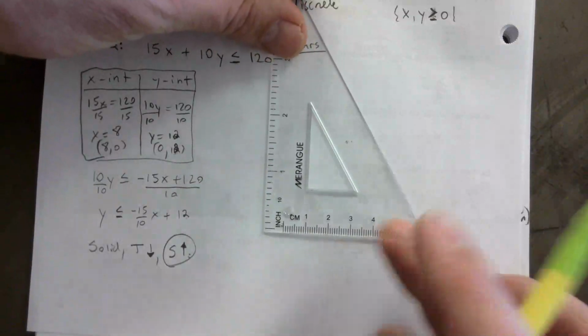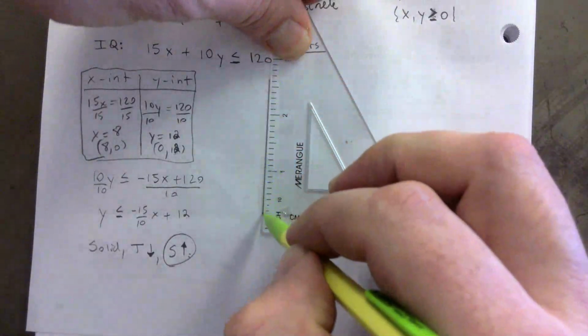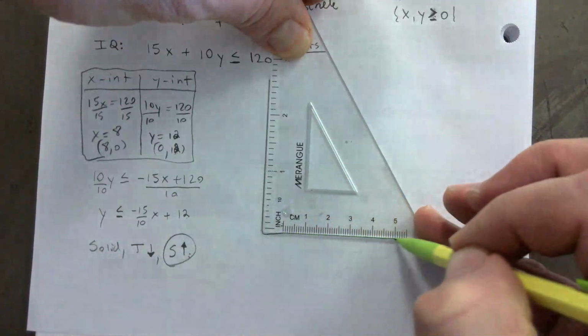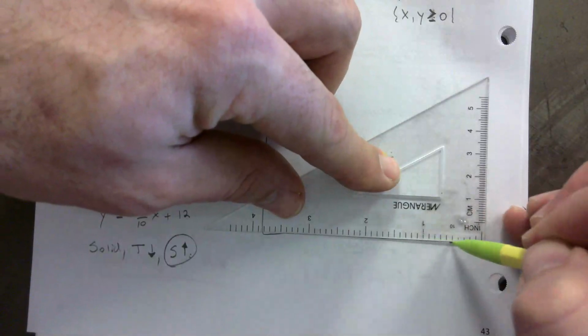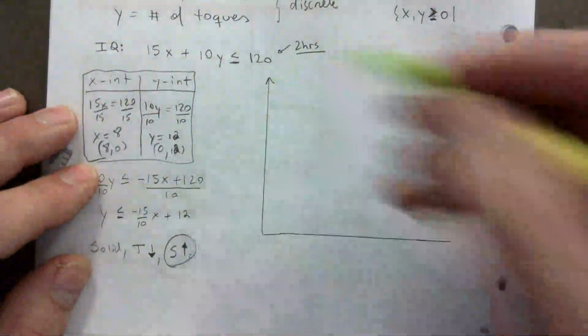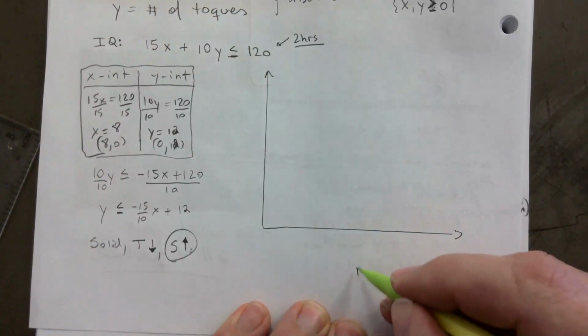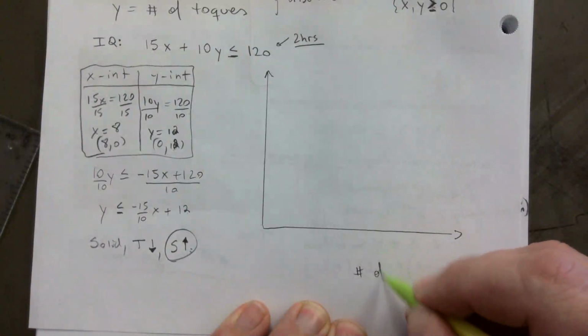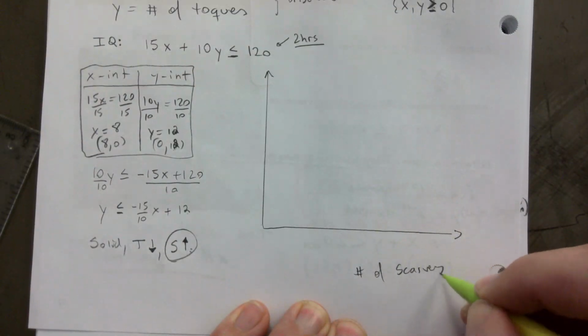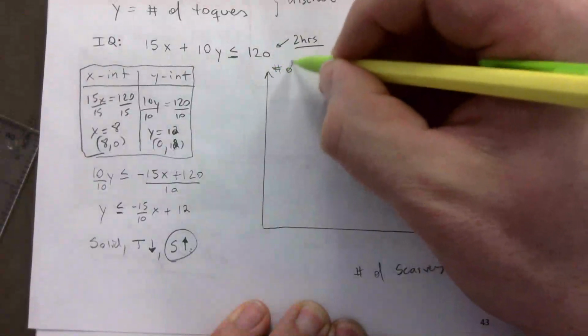And now I'm going to graph this. A straight edge makes this a lot easier. What goes on the x-axis? Number of scarves, number of toques.